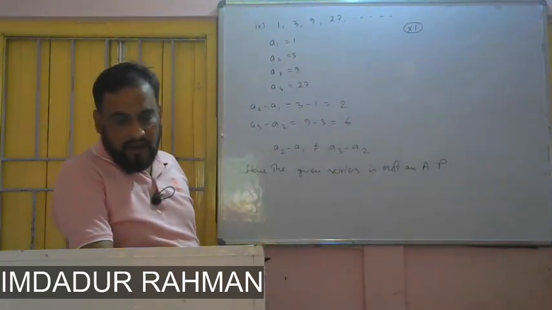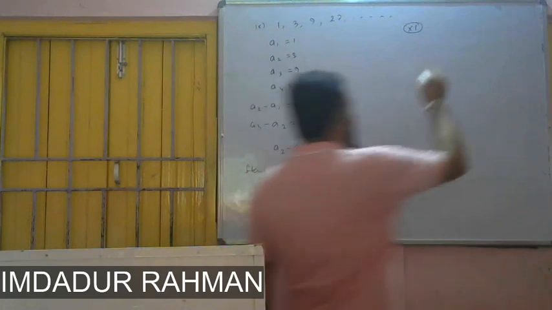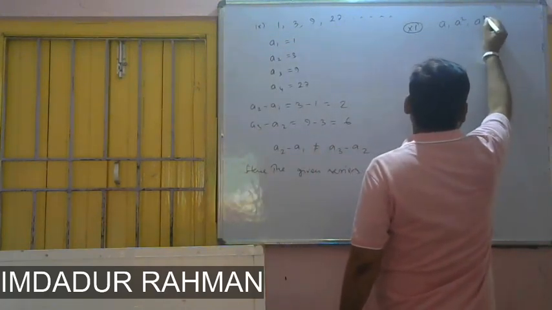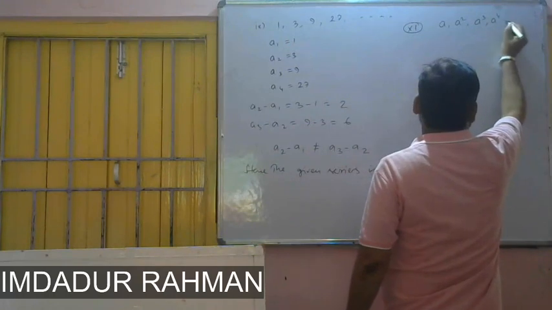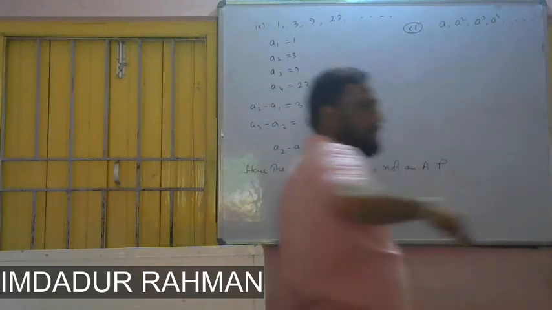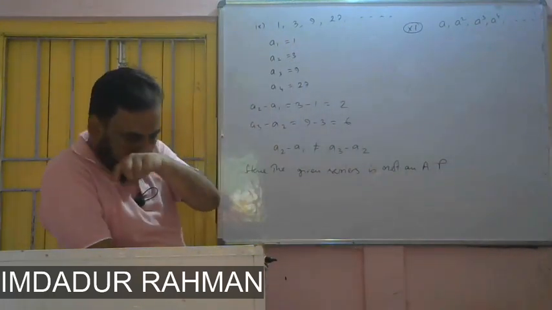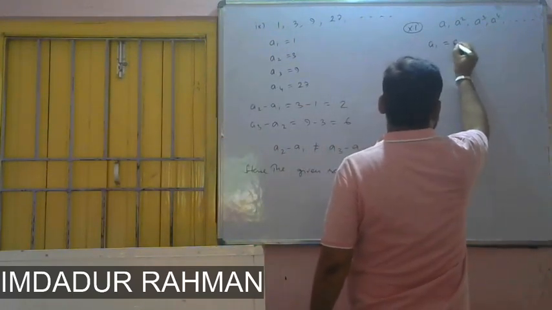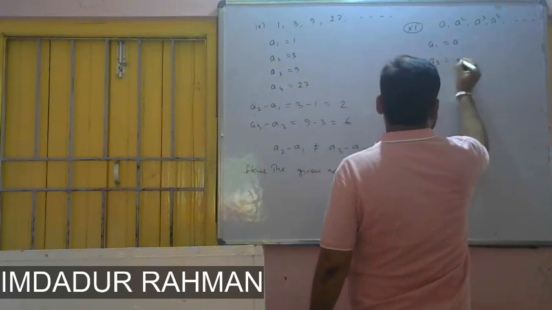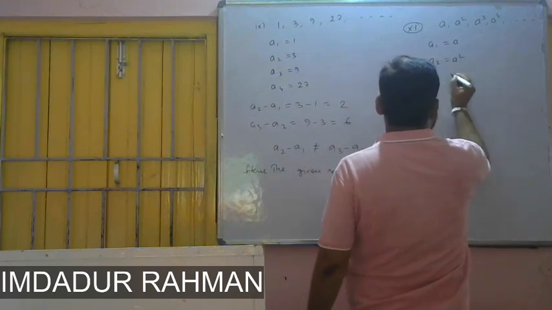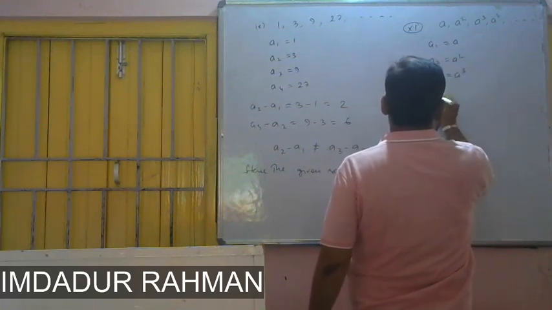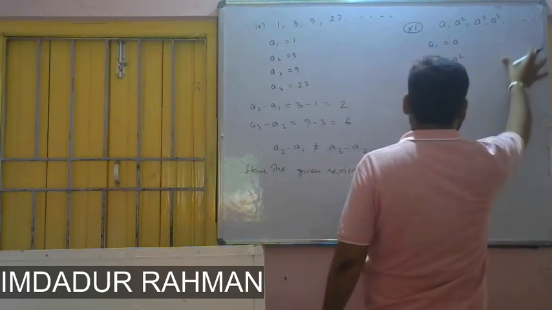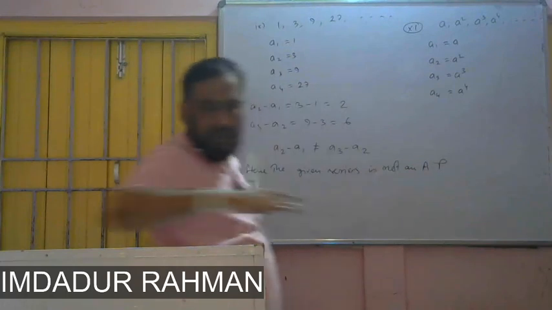Question number 11: a square, a cube and a to the power 4. So here first term a1 is equal to a, a2 is equal to a square, a3 is equal to a cube, a4 is equal to a to the power 4. Suffix and powers.